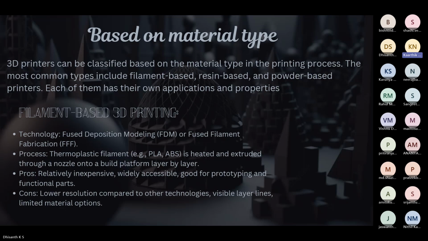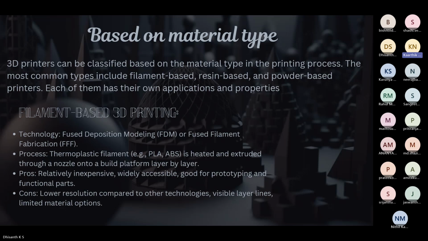We have pros and cons. The pro is that it is relatively inexpensive when compared to other 3D printing technologies, and it is widely accessible. Good for prototyping and functional parts.